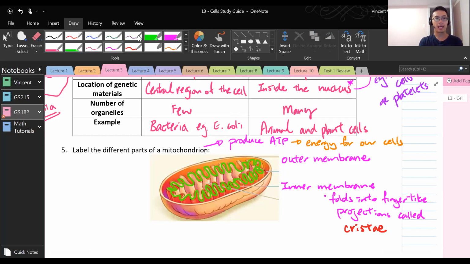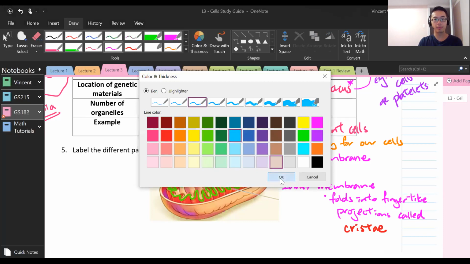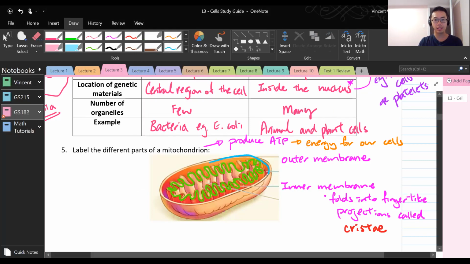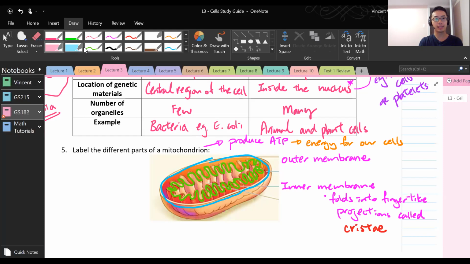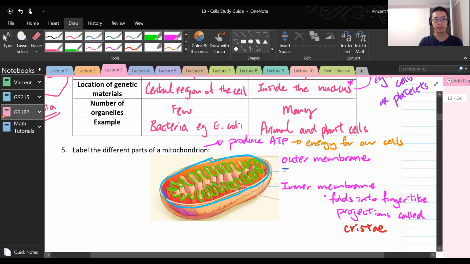All right, and here, the outer membrane is just this part right here. There would be some space between the outer membrane and the inner membrane. That space is called the intermembrane space.